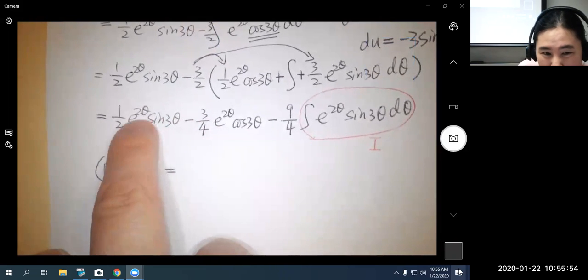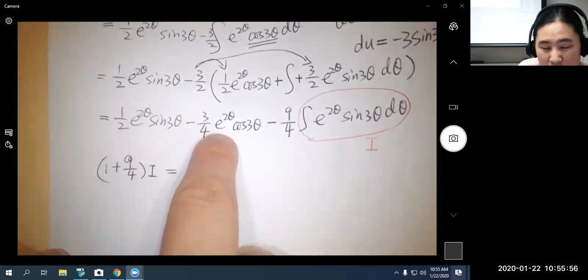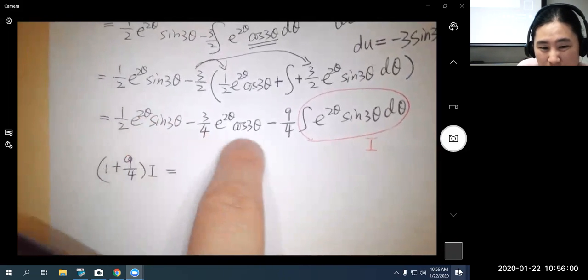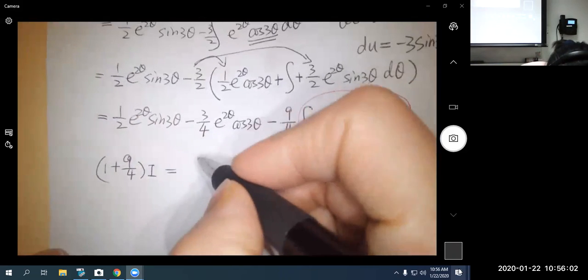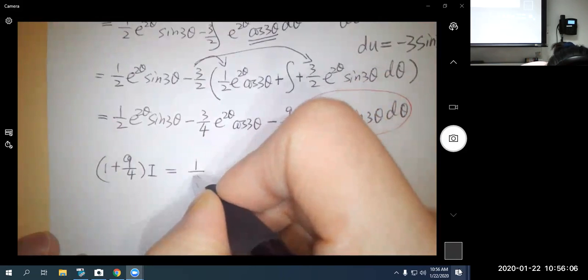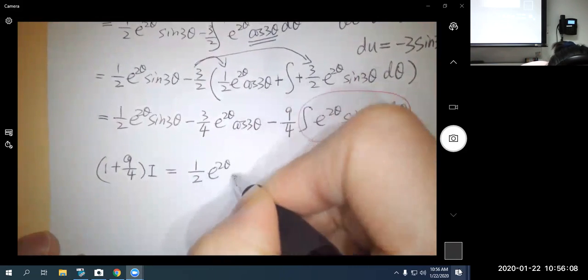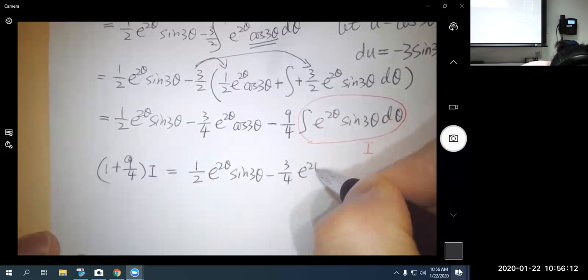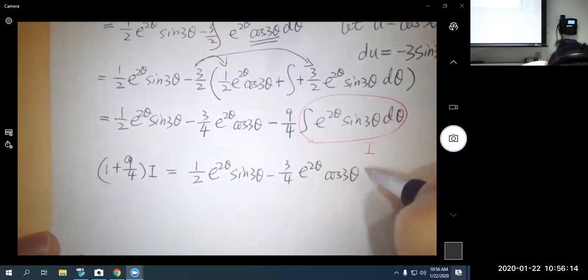If you want to pull the e to the 2 theta out, yes, you can, or you can just leave the e to the 2 theta in a regular line. I would say just leave that. So 1/2 e to the 2 theta sin 3 theta minus 3/4 e to the 2 theta cosine 3 theta.